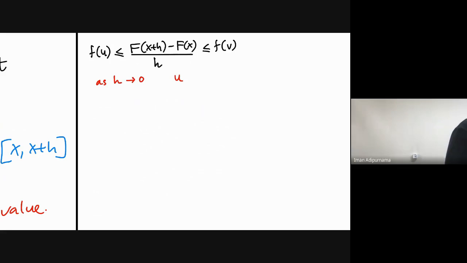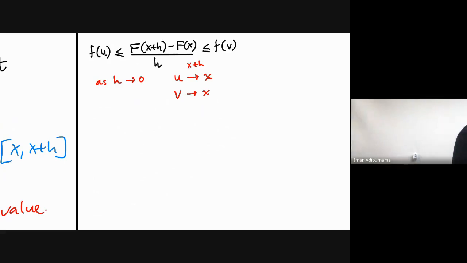What happens for u? Remember, if this is x plus h, then u will be getting closer to x, right? And the same thing for v is also getting closer to x. U and v are any numbers in between x and x plus h. So if there is no h, both u and v get close to x.